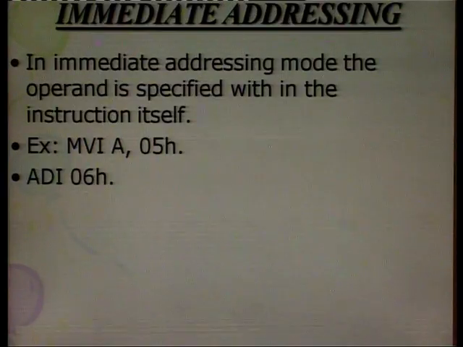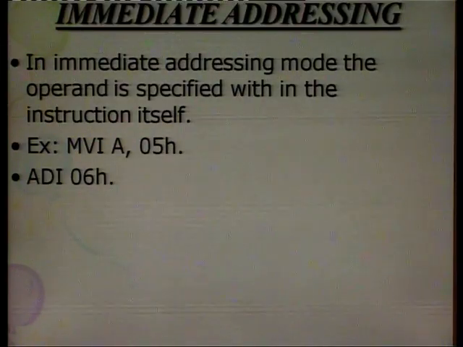The next example for the immediate addressing mode is ADI 06H. This instruction means we want to add 06 or any other 8-bit data with the contents of the accumulator and store the result in the accumulator itself.